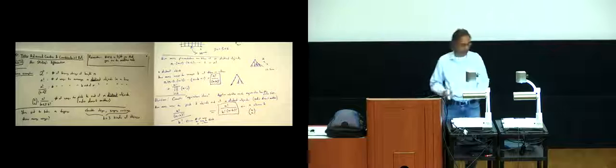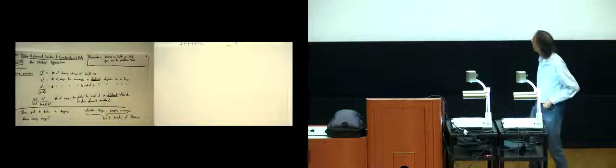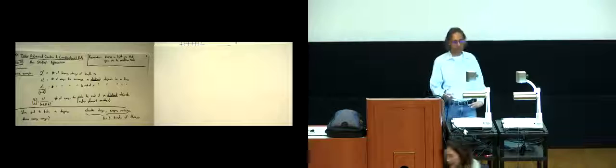Okay. So when you look at this counting question, I'll go to another page here. Okay? So that's the counting question we have. And if you try to count it using the division rule strategy, you encounter a fundamental obstacle.